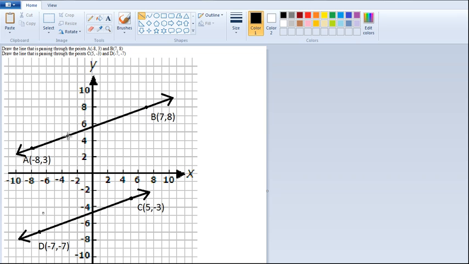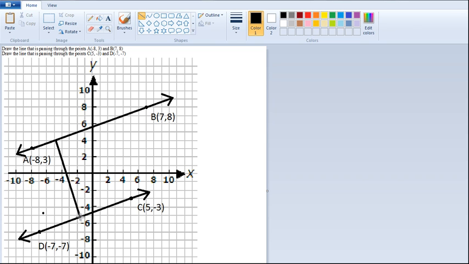So let's say I choose this point. If I go like this and choose the point here, the distance is not the same as if I choose this point, or this point, or this point, or this point.